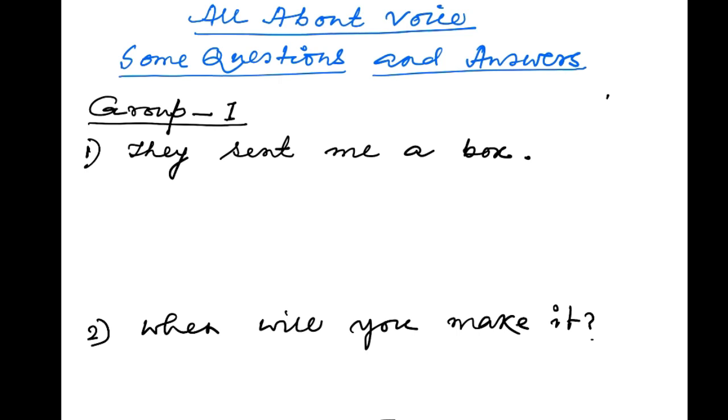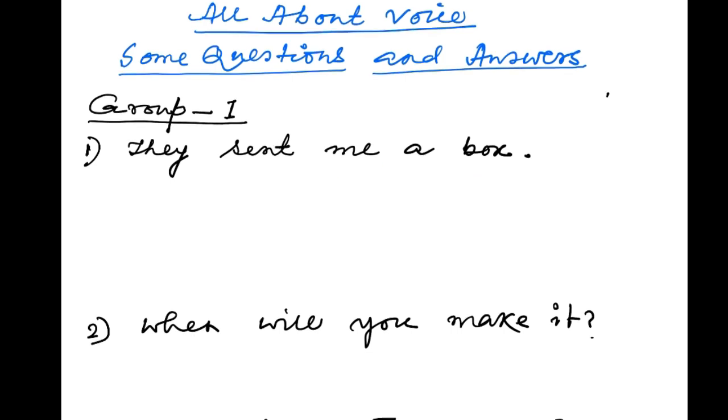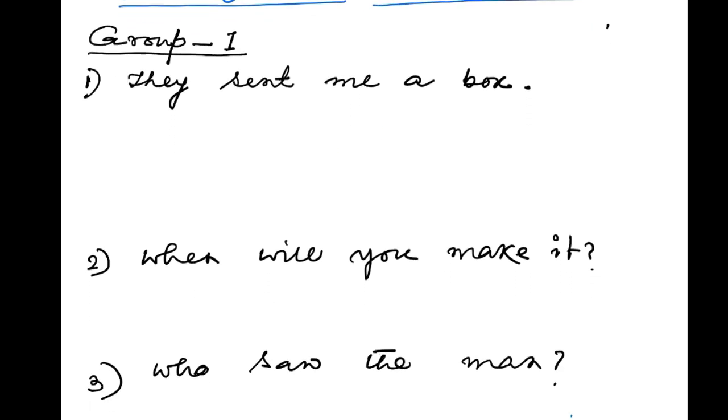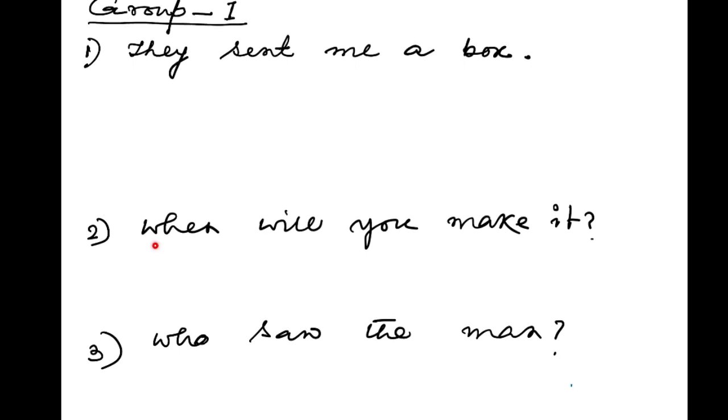Group 1 has 5 sentences. Number 1, they sent me a box. Okay, write it down in your exercise book. And number 2, when will you make it?